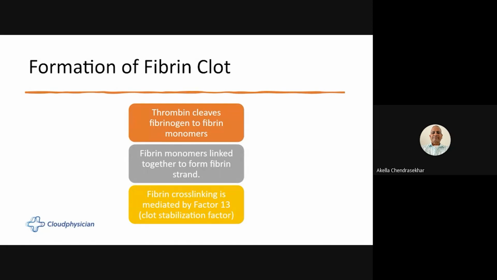So because it's produced by the liver and it's in fresh frozen plasma, if I have a patient with liver dysfunction, I may want to transfuse FFP if I'm noticing that the patient initially seems to be clotting, the hemoglobin level stays for a little while and then drops. What you may be noticing is a deficiency of factor 13. So keep that in the back of your mind. Next slide.